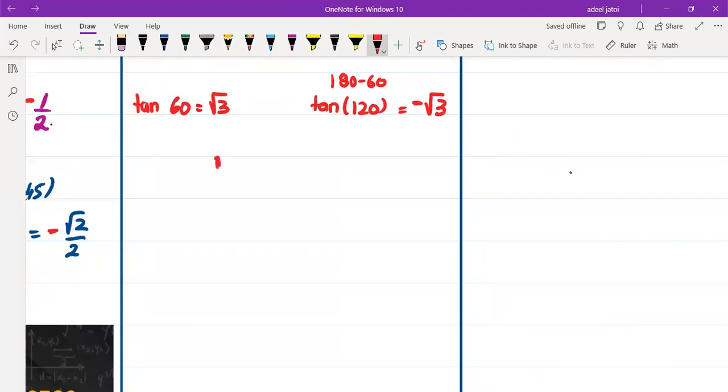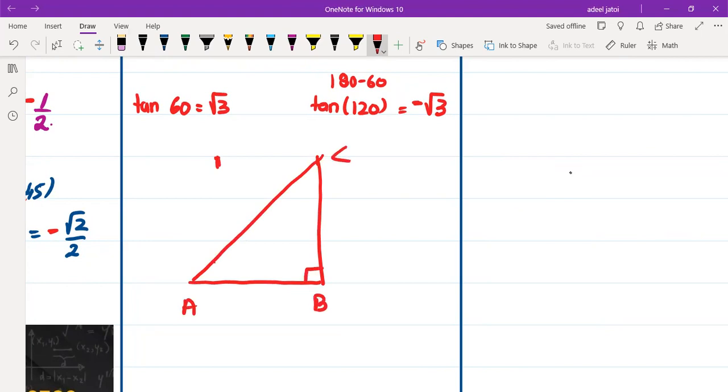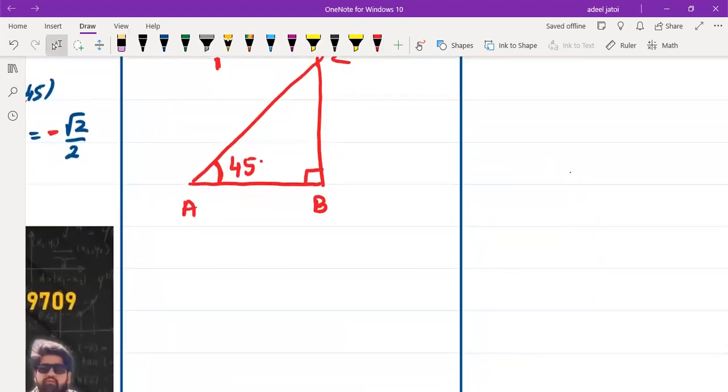An example of this is, let's say we have a right angle triangle A, B, and C, and this is 45, and we have been told that tan 45 is 1.